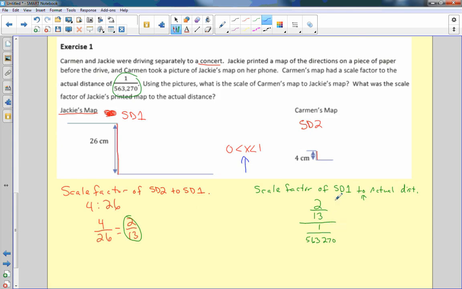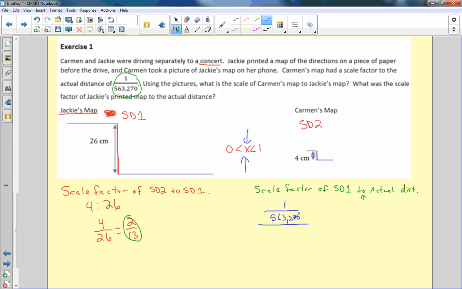So that's actually going the wrong direction. We're going from actual distance to scale factor in that direction. So I want to rearrange my fractions. Let me just erase. I don't want this, I want the opposite. So I want to take the 1 over 563,270. Always check your work when you're doing this and ask yourself if you're meeting this requirement. So that helps us set up our fraction.